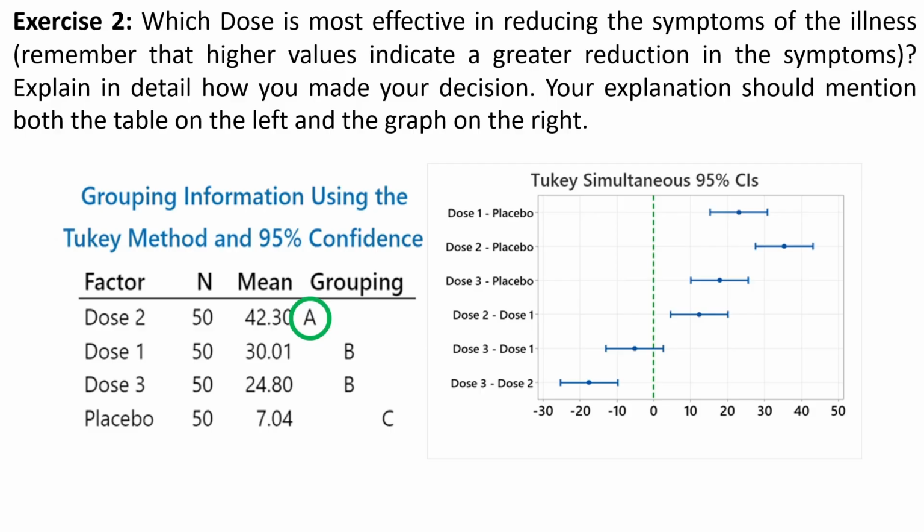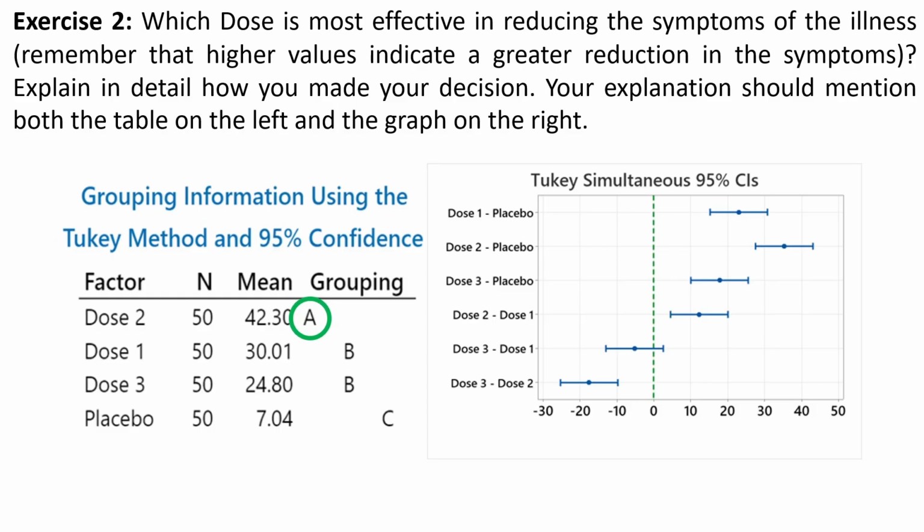Not only is it different, but it's also indicating that that population mean is the biggest, because you can see that the sample means are in order, from biggest to smallest. And so we can infer from this table that dose 2 results in the greatest population mean response.